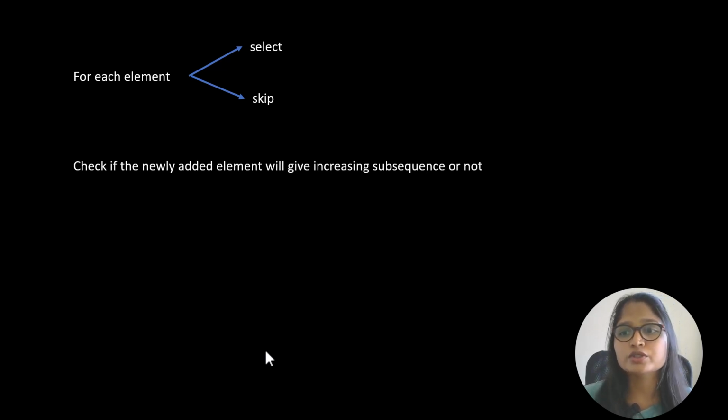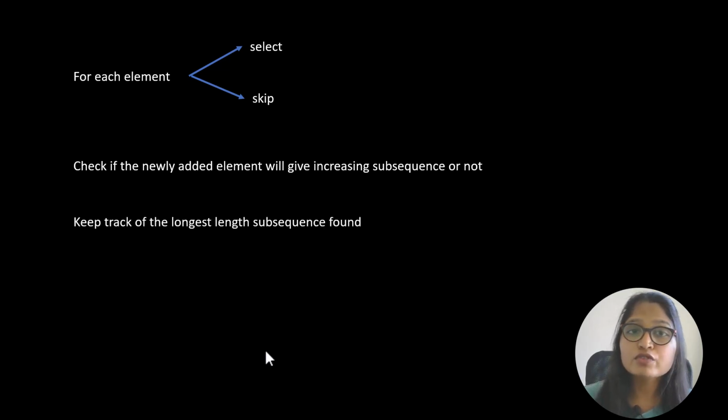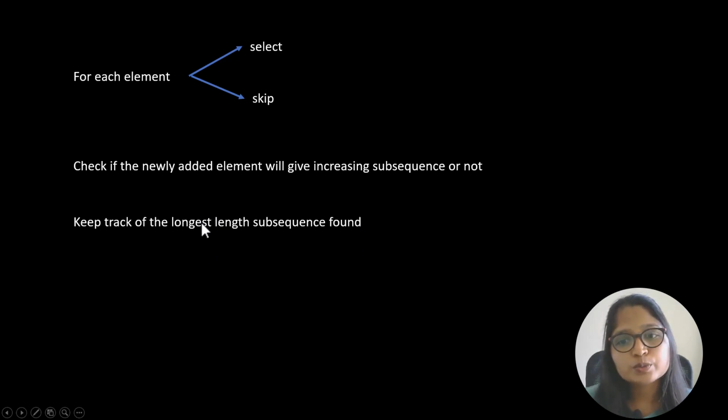With this, what you're going to do is you're going to check whether the newly added element is going to give you an increasing subsequence or not. And thirdly, you are going to keep a track of longest length subsequence that you have found, because that's the thing that you want to output. So these are the 3 things that we are going to do in the recursive approach.